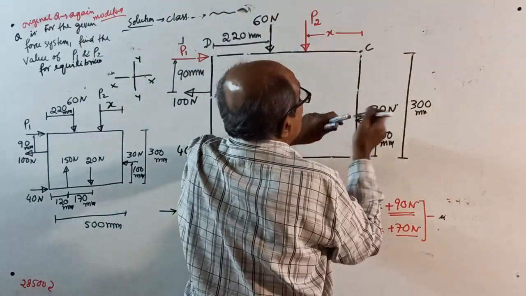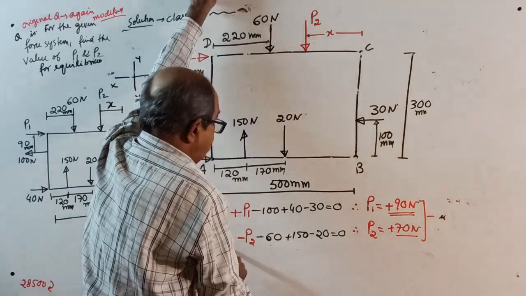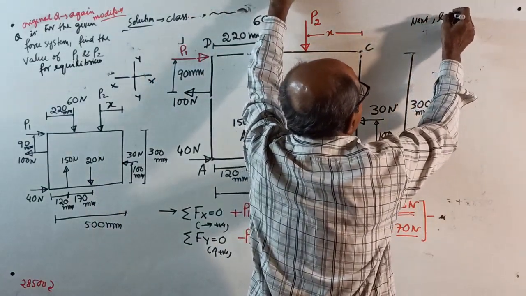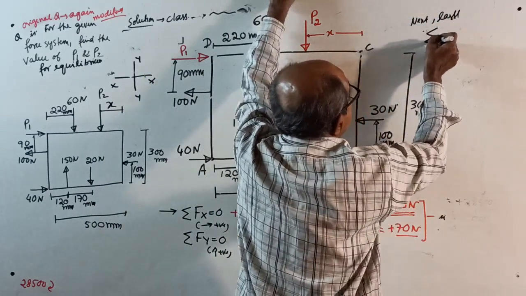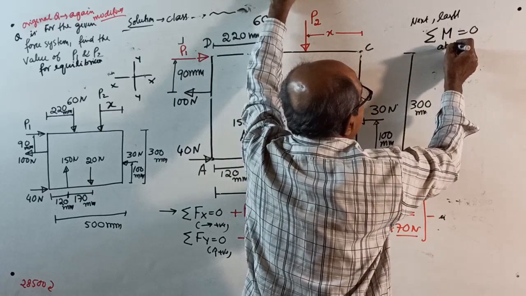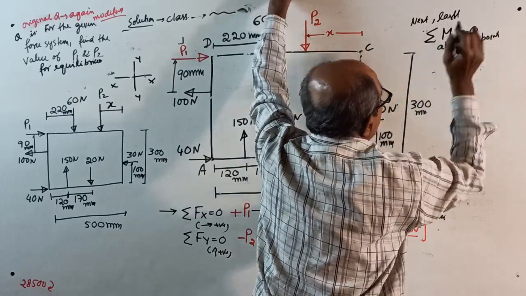Now, to get X, the next condition. Sigma Fx equal to 0, sigma Fy equal to 0, and lastly sigma M equal to 0 about any point, whichever point you want.